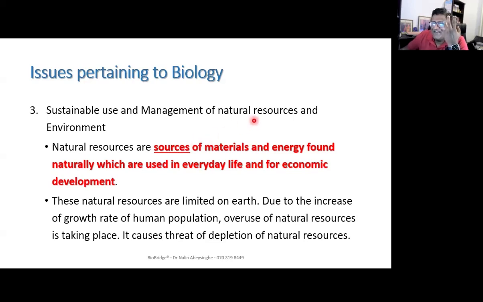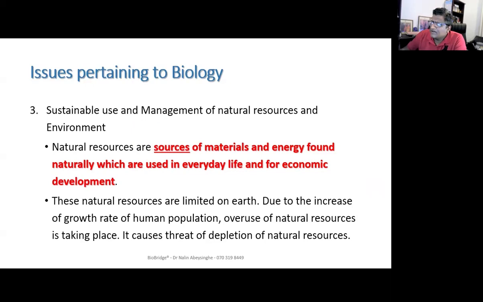But if you take salt, the source of salt is the ocean or the sea. That is the natural resource, not salt itself. The sea or the ocean is the natural resource. So sources of materials, the sources.